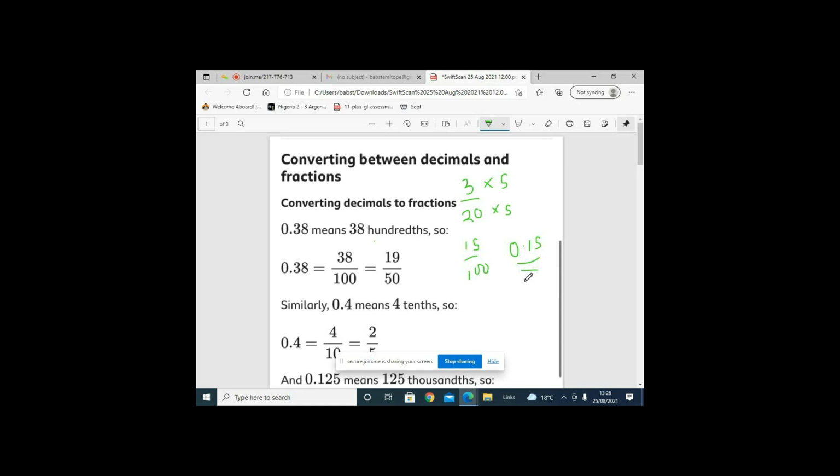Could I ask, is it because it's 20 that we're multiplying it to the nearest 100? Yes, because it's already at the nearest 10, so we have to do it to the nearest 100. That's a very good question, because I just realized that a lot of people don't know how to work with decimals.